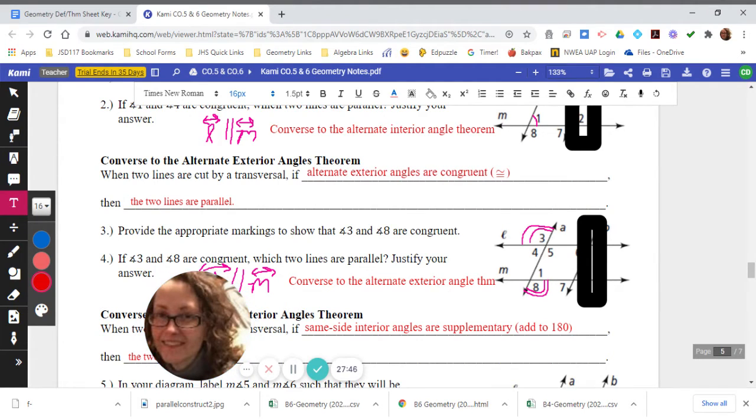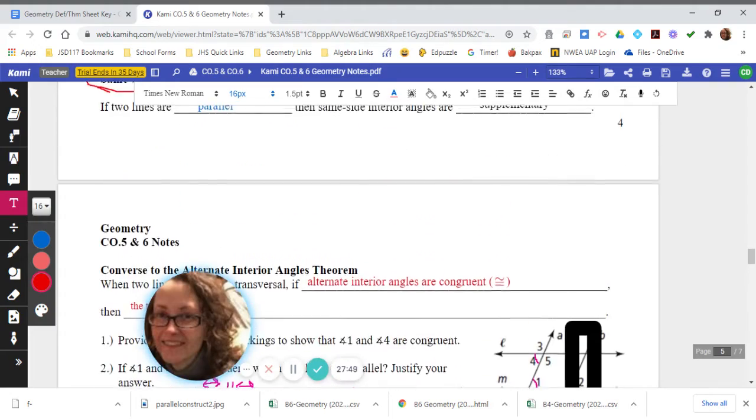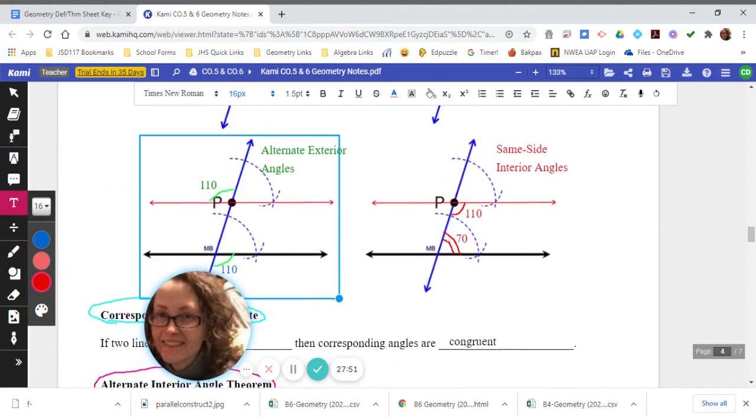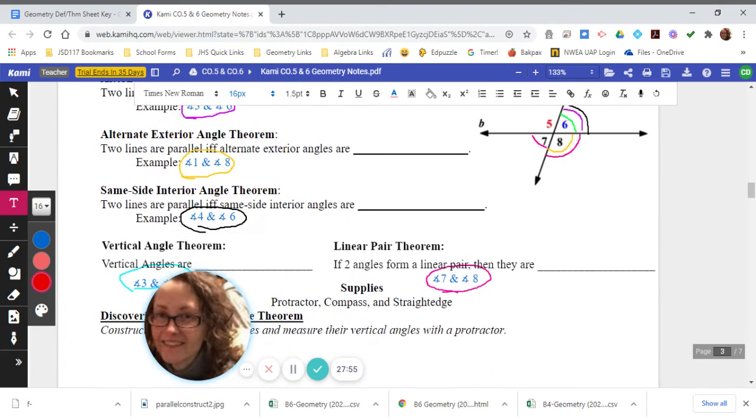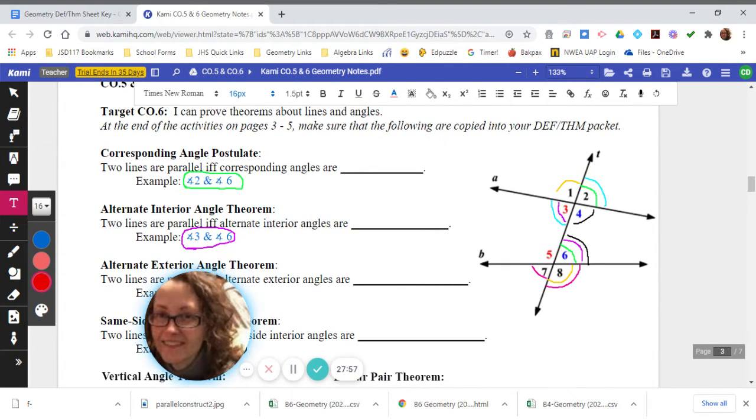But on page 3, I have a nice, neat, little, tidy way to clean up everything that we just did. And that is to use this, and it's not an error in my typing. It's an if and only if statement.